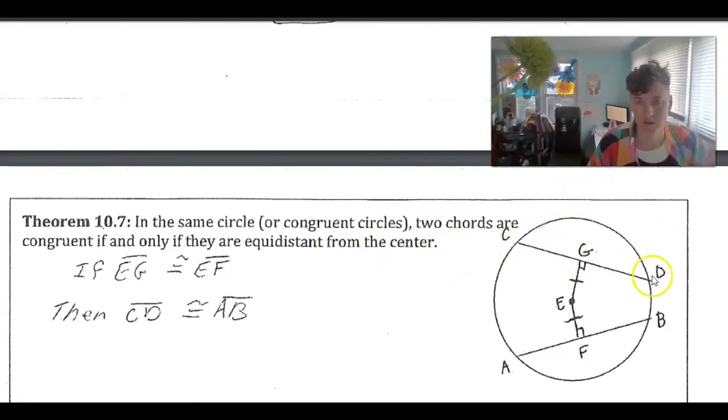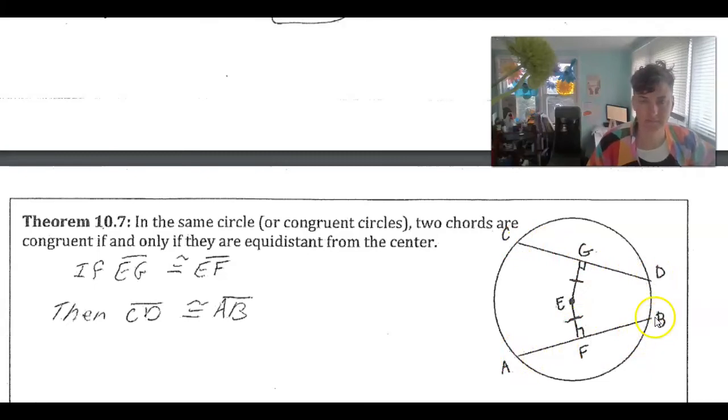here are chords CD and AB. If they are equidistant from the center E, so the distance from E to G is the same as the distance from E to F. We know that because it's got those congruent marks, so they're the same length, but it's a distance, so it needs to be perpendicular to that chord.